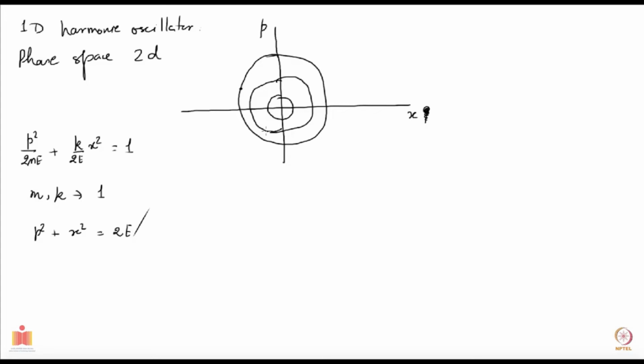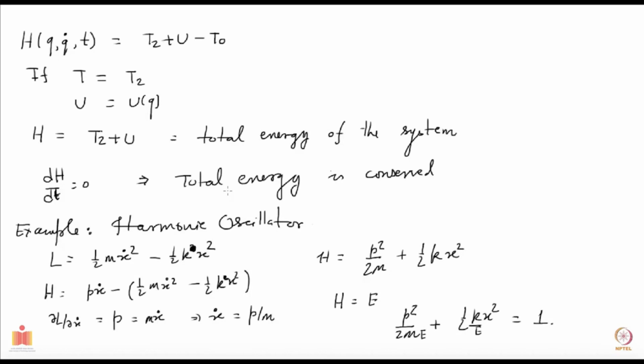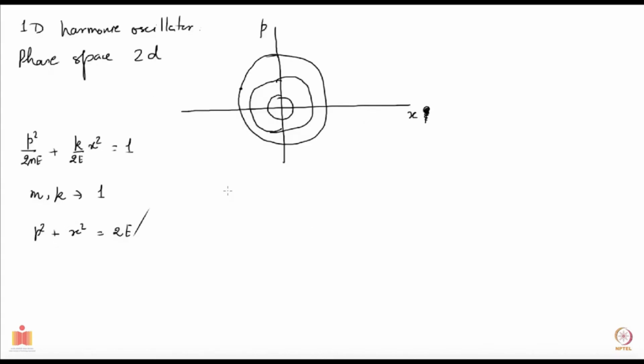I hope that is clear, because if you specify the coordinates at a given time, all the coordinates, in this case it is only one, and all the momenta, then that represents one point in your 2n-dimensional space. So your system is going to be represented by a single point in phase space. Let me write this down anyway.